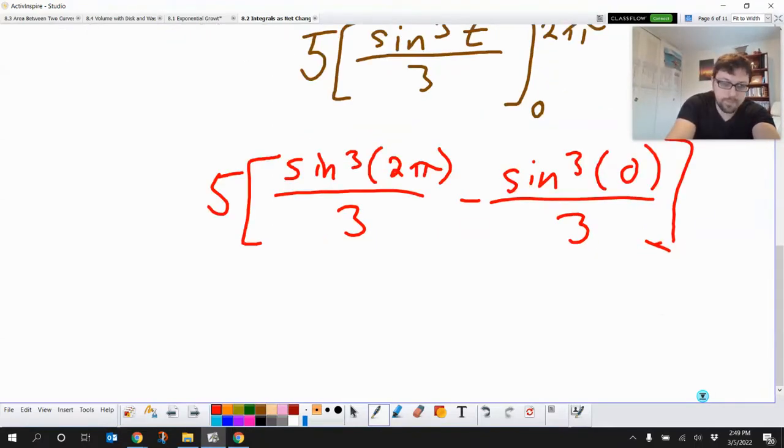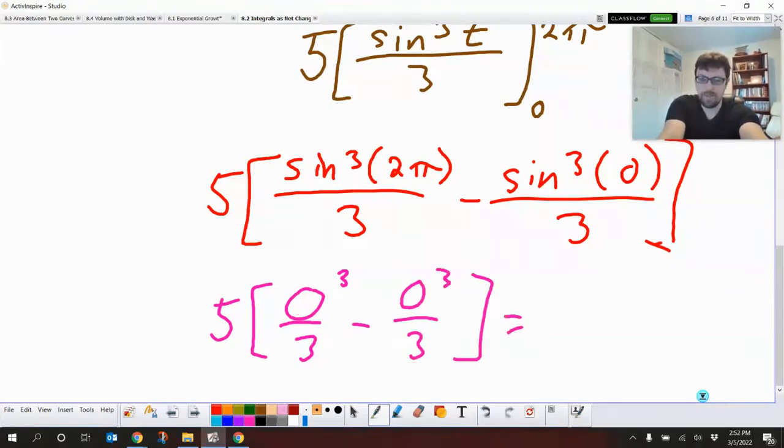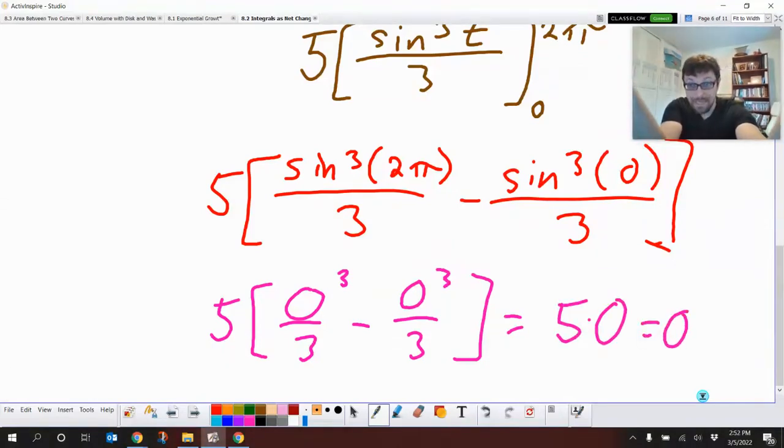The sine of 2 pi is 0, so that is 0 cubed over 3, minus the sine of 0, which is also 0, so that's 0 cubed over 3. So after all that wiggling around, this thing has gone nowhere. So it's 5 times 0, which is 0. So it has a displacement of 0. That's our displacement.